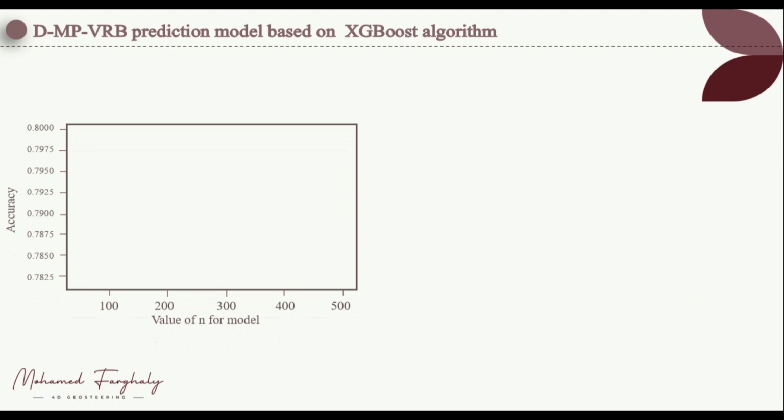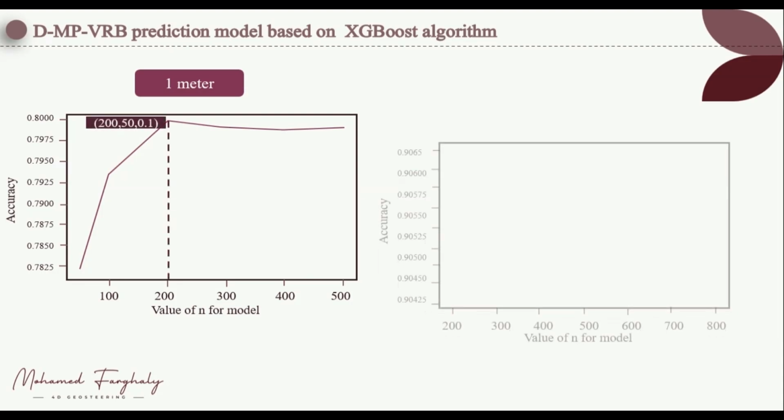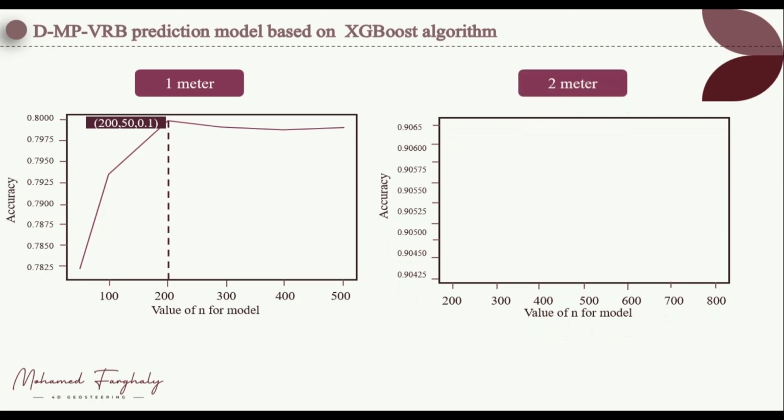Similarly, for a step size of 1 meter, 27 combinations were calculated, obtaining the optimal parameter 250.0.1. Lastly, for a step size of 2 meters, 30 combinations were calculated, obtaining the optimal parameter 850.0.1. These steps enhance the predictive accuracy and adaptability of the model across different step sizes in the DMP-VRB database.